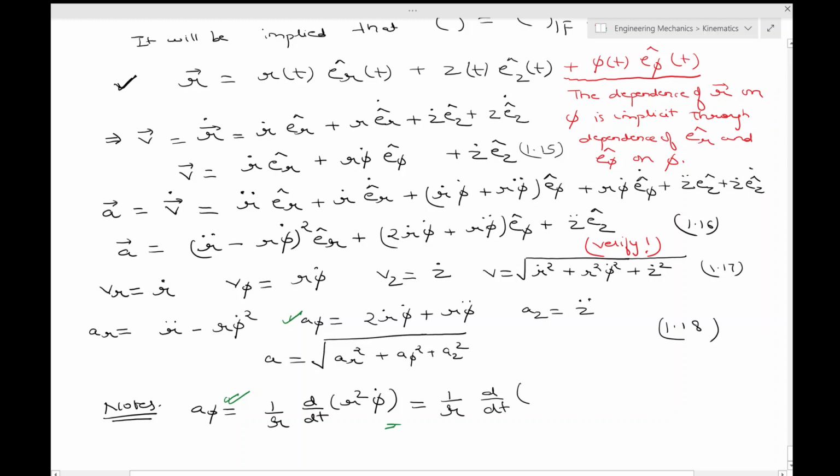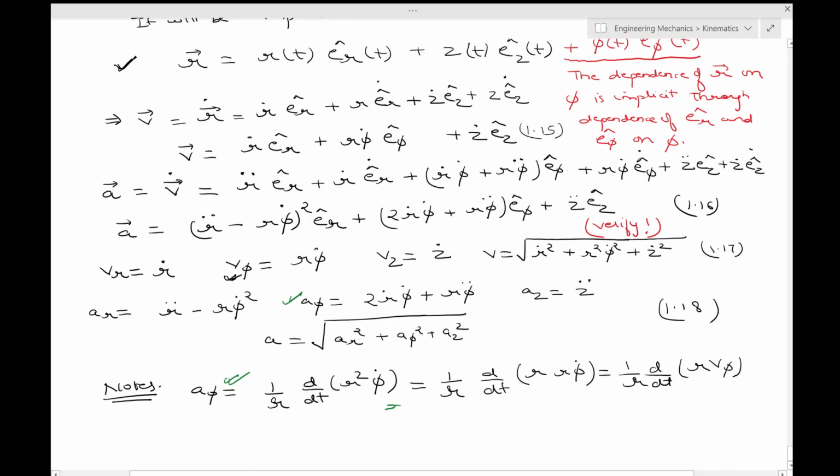Now if you look at R square phi dot, you can write it as R into R phi dot, and this will be 1 by R d by dt. R into R phi dot is V phi. So you can see from over here that A phi is equal to 1 by R d by dt of R V phi.